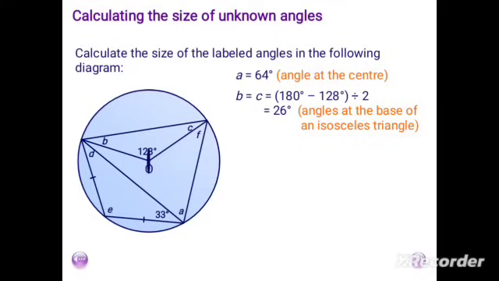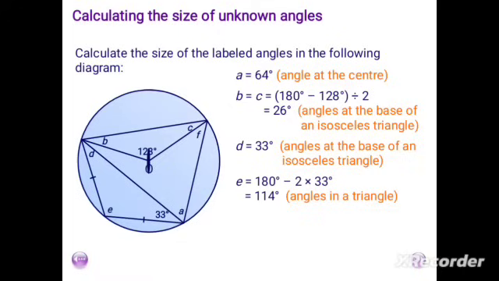So 180 minus 128 will be 52, divided by 2 is 26. So both B and C will be 26 degrees each. Now on D, we have D and 33 being base angles of an isosceles triangle, meaning D is equal to 33 degrees.